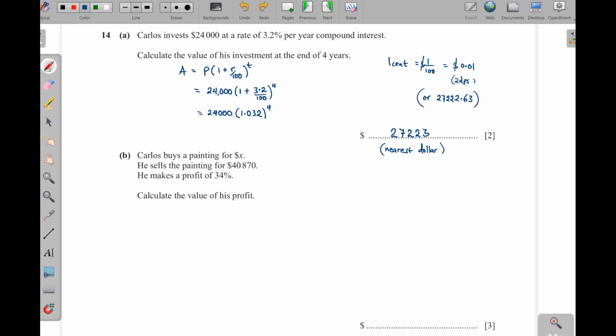Now, what we are going to do here is, because the profit is an increment, the cost on the 100%, let's say X here, then plus the profit. The profit is going to be 34% of what he bought it for. You get it?